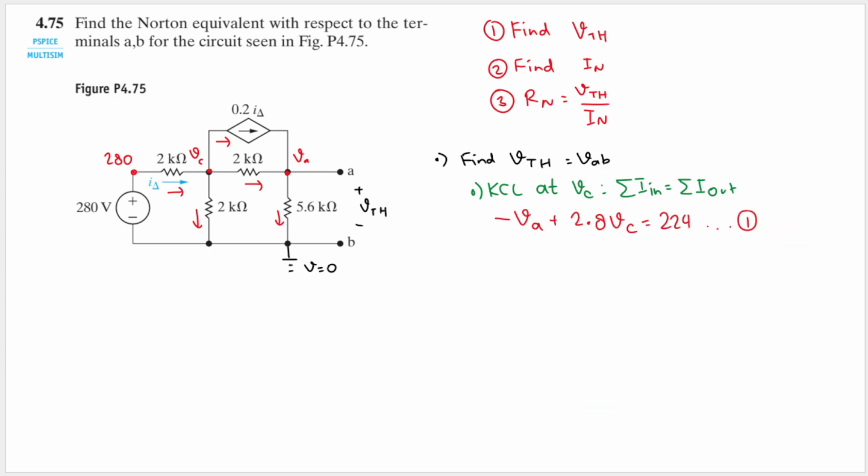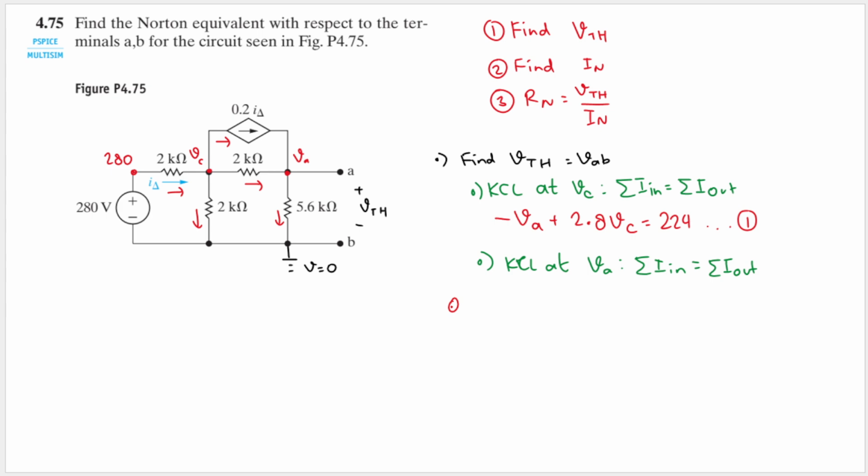Okay, now let's do another KCL, which is on the node VA. KCL said that the sum of the current that goes in will equal to the sum of the currents that goes out, right? And so the currents that goes in is this one.